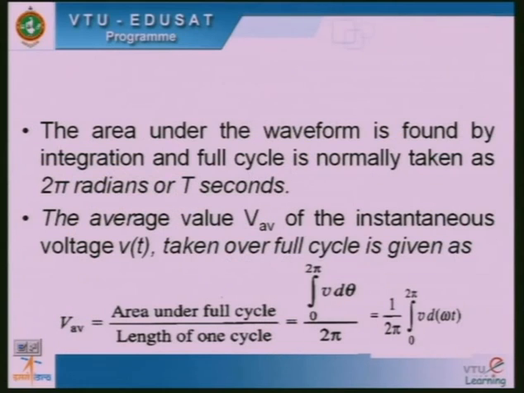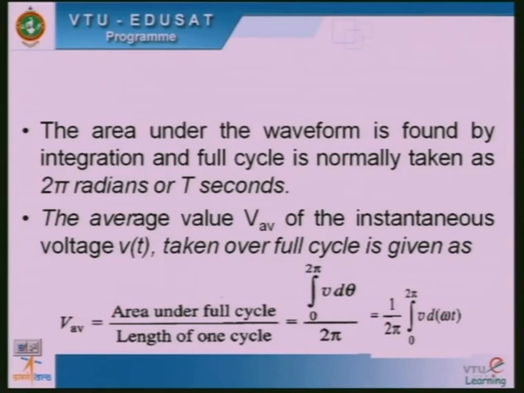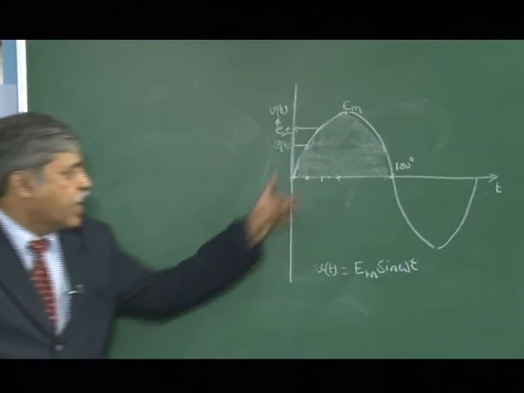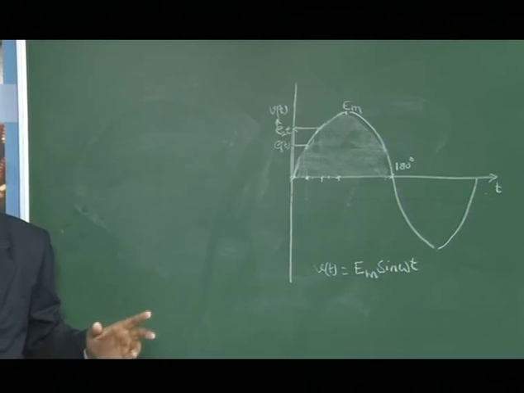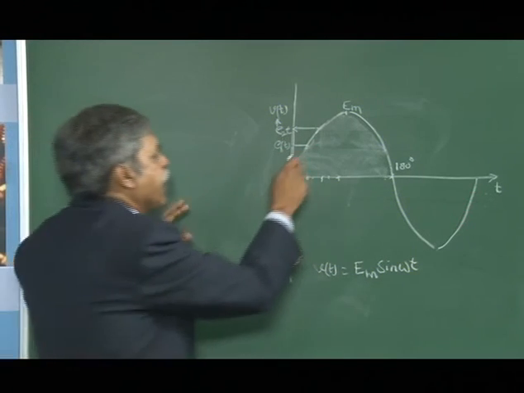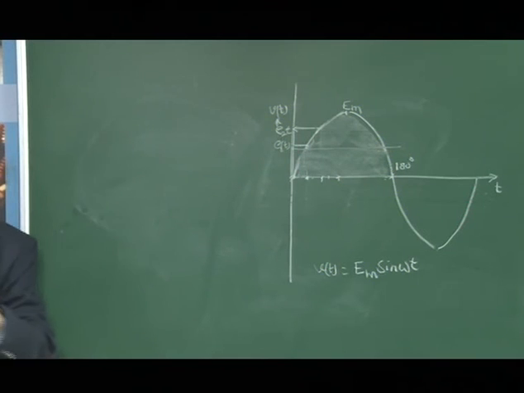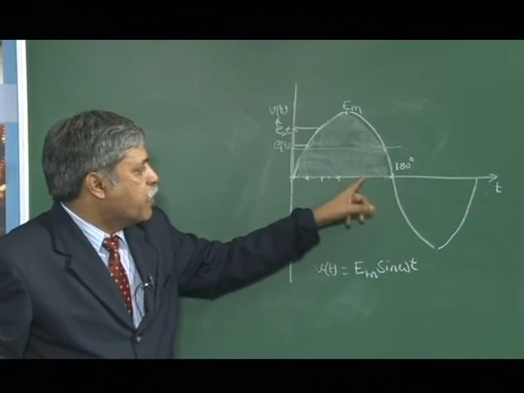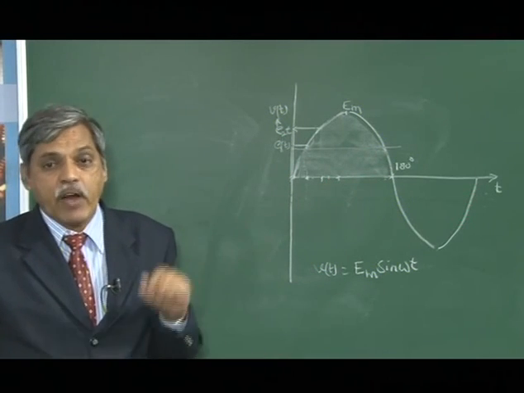To find the average value, I can consider the complete area under the curve, the full area under the positive alteration, and divide that area by the base length. That gives the average height of all these values. That average height is nothing but the average value of the sinusoidal alternating quantity.